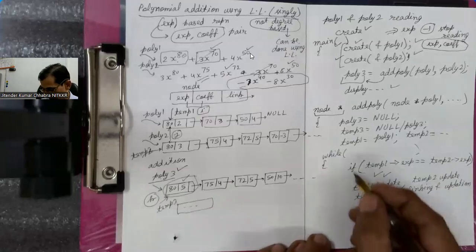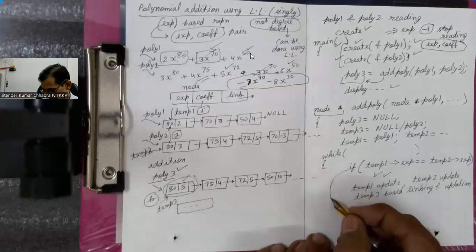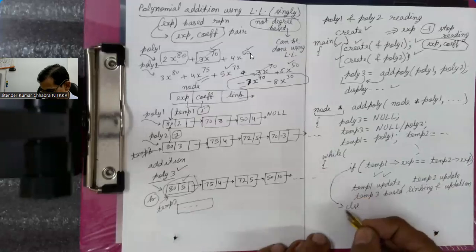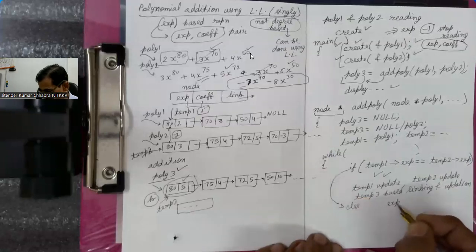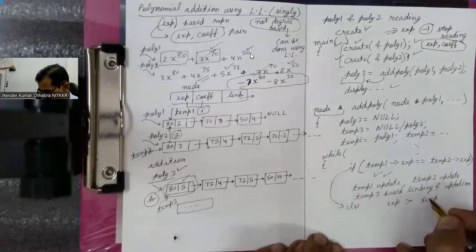Similarly, if this was not true, it could be that this exponent was greater than temp2's exponent.